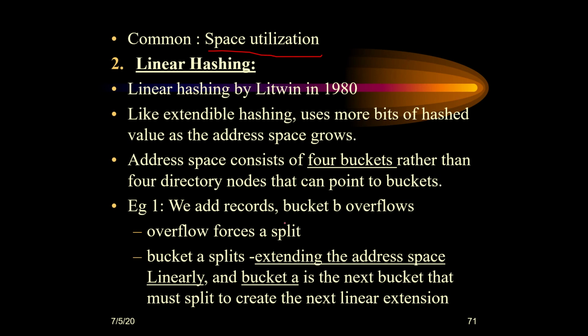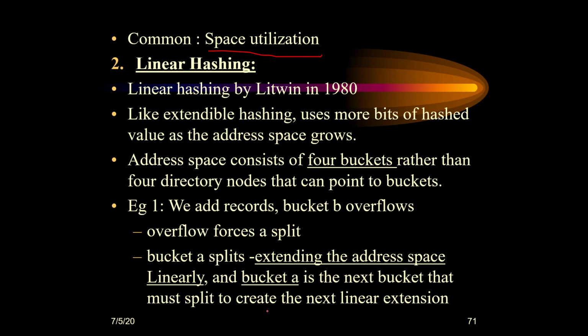We try to add new records into each bucket so that we understand what happens when a particular bucket overflows. Even if a bucket in the address space is overflowing, the extending always happens linearly.